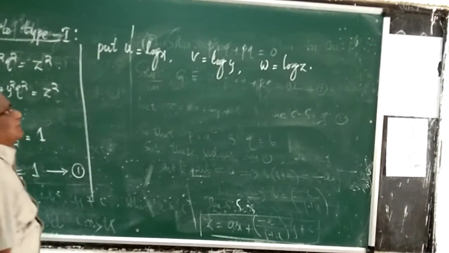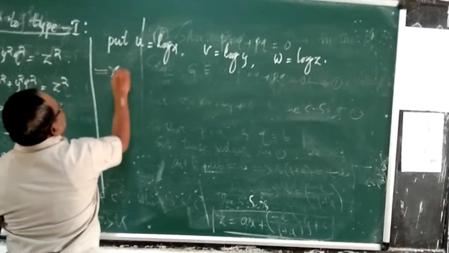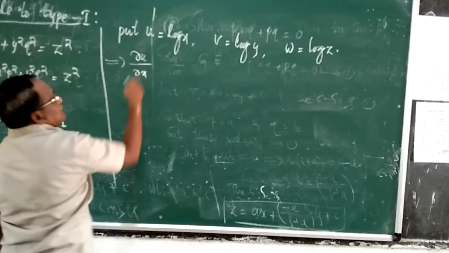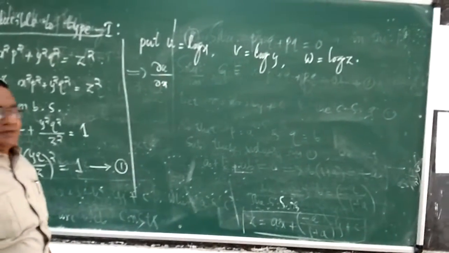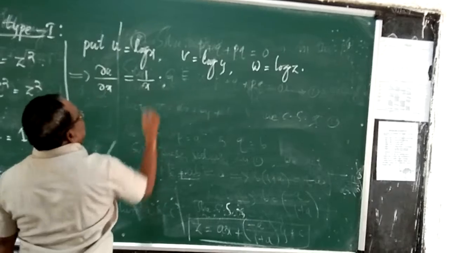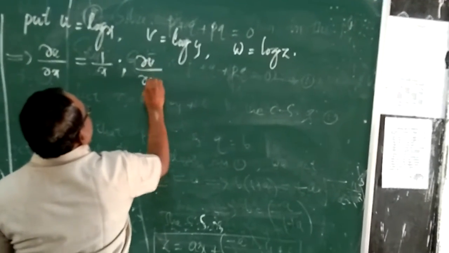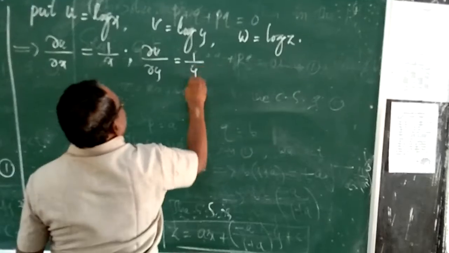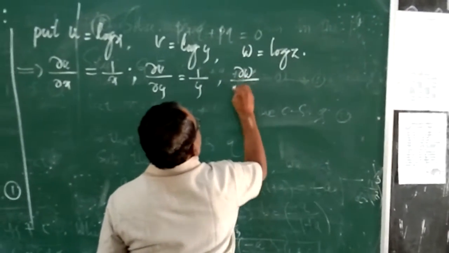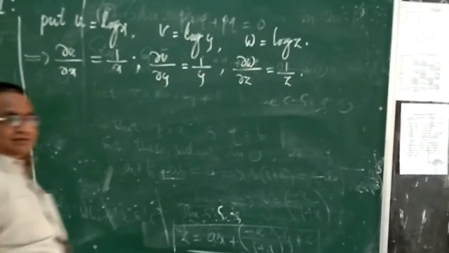Differentiating these partially with respect to x, y, z, we get dou u by dou x, the partial derivative of u with respect to x, is the derivative of log x, which is 1 over x. Similarly, dou v by dou y is equal to 1 over y, and dou w by dou z is equal to 1 by z.